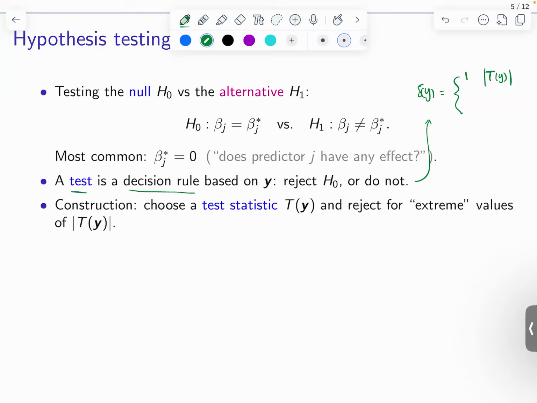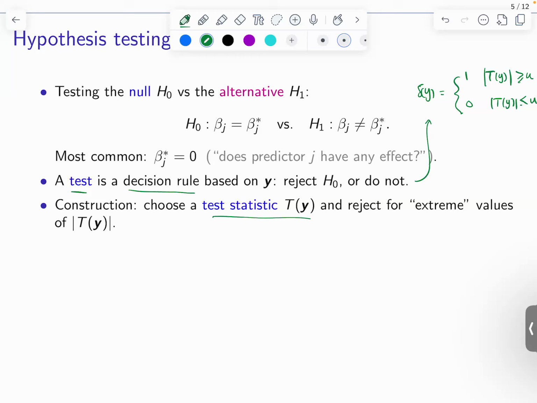And often people do a two-sided test. It doesn't have to be like this, but most of our tests are like this. So you construct a test statistic, which is just a numerical function of y.